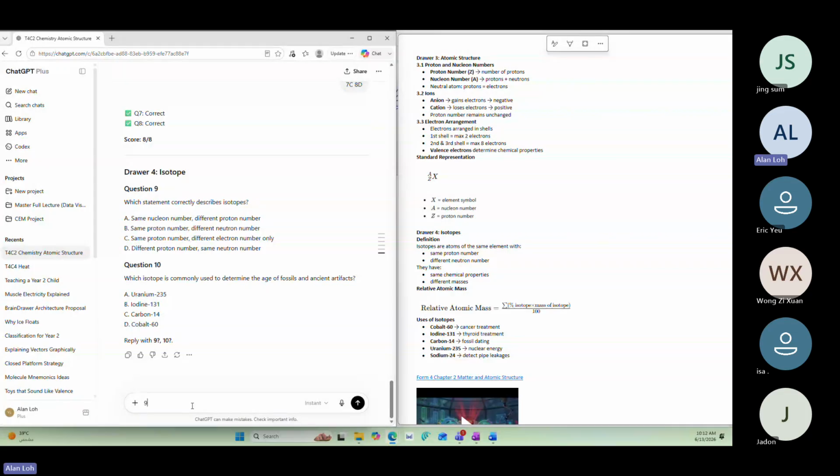Let's see who gets the first answer. Xingling got it. Let's see whether it's correct. Okay, Chen Chen got C for 10. Xingling is still thinking about 10. Ting Sam got B and C also. Eric got B. Jaden is still thinking.